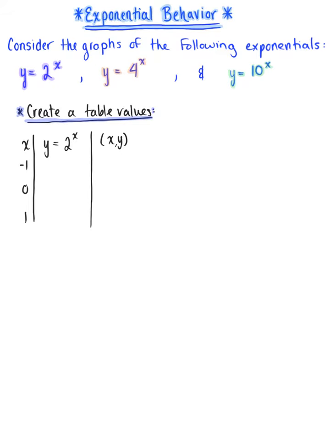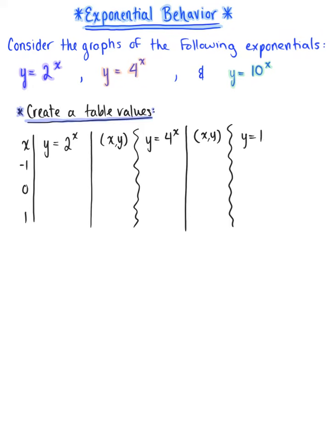Since we're using these same x values, I'll do a little squiggly line here so that we can consider the next exponential function, y equals 4 to the x. And we'll consider the ordered pairs that this creates. Another little squiggly line here to differentiate between the functions. Last but not least, we have y equals 10 to the x, and we'll have a column for its corresponding ordered pairs. Beautiful.